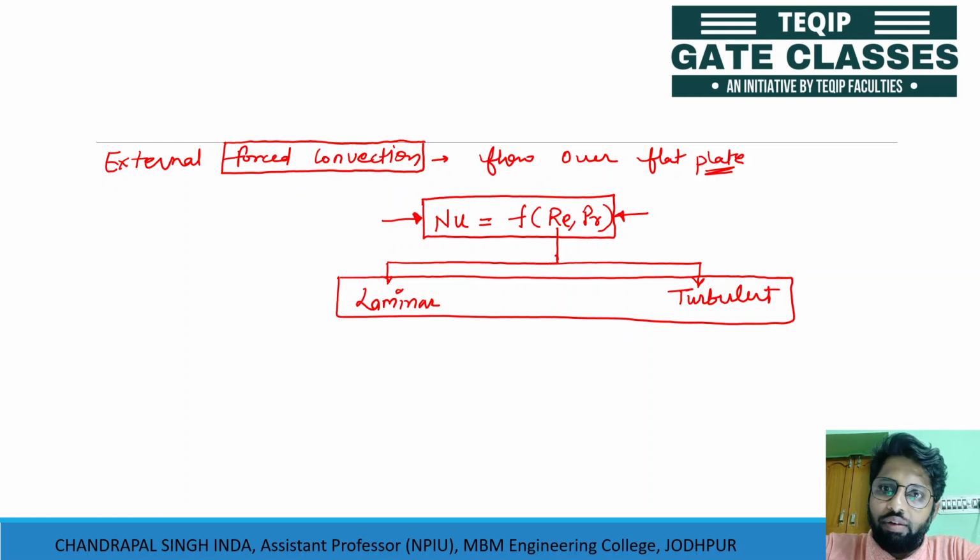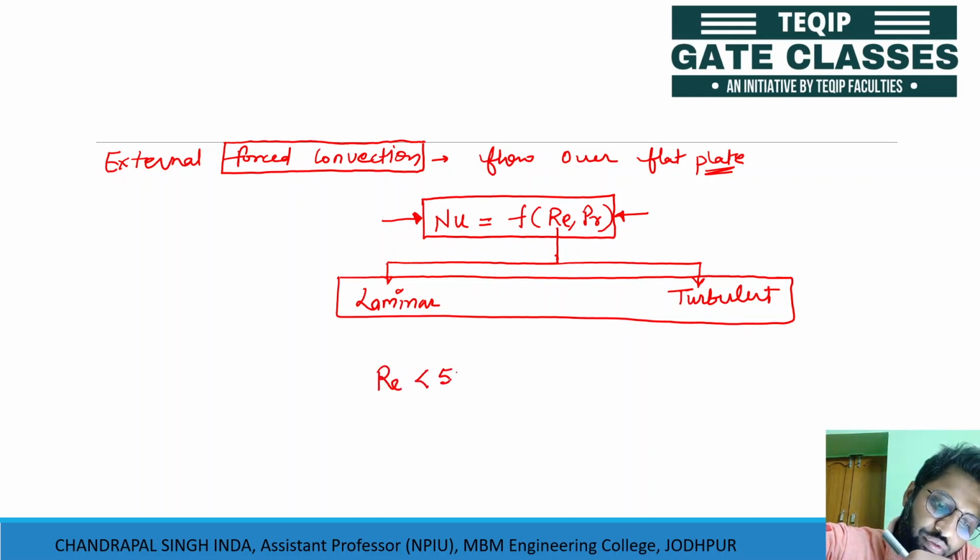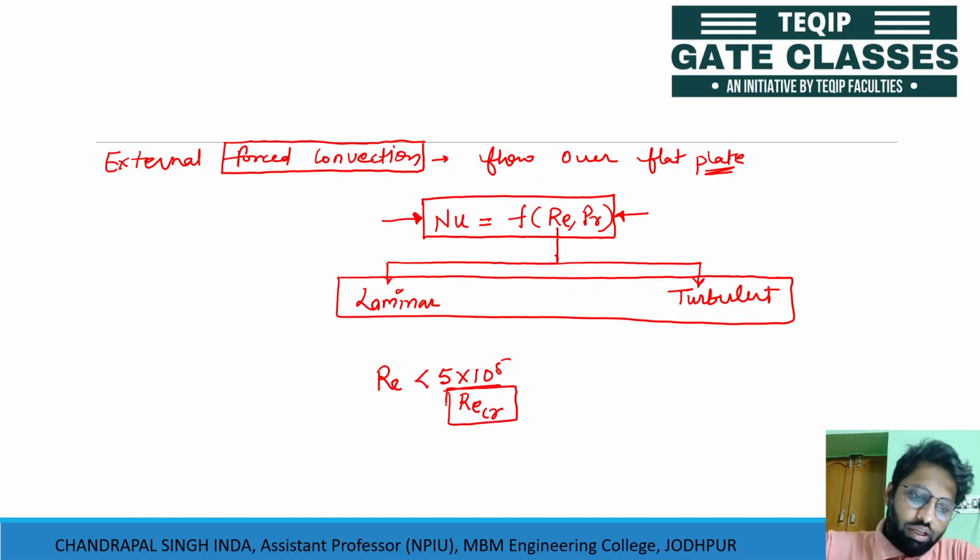Therefore, we first have to calculate the value of the Reynolds number so that we can identify whether the flow is laminar or turbulent. If the value of the Reynolds number is lesser than 5 into 10 to the power 5, which is the critical Reynolds number, then we will consider the flow as laminar.